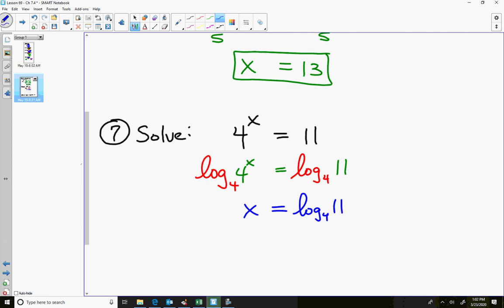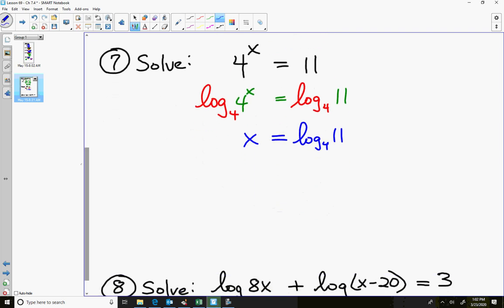Now the problem with that, I don't know what log base 4 of 11 is either. And my calculator doesn't know log base 4. So that forces us into the change of base formula. You need to do something that your calculator knows.